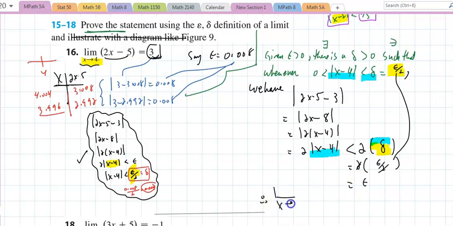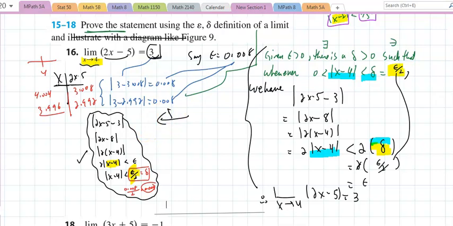Therefore, the limit as x approaches 4 of 2x minus 5 equals 3. That is your official proof beginning to end. This part is not needed. I'm not talking about this, I'm talking about this.